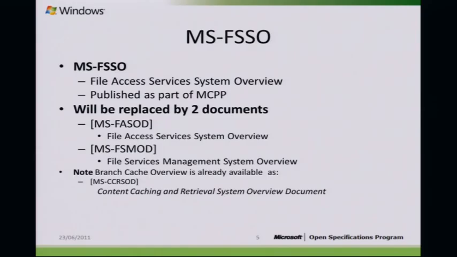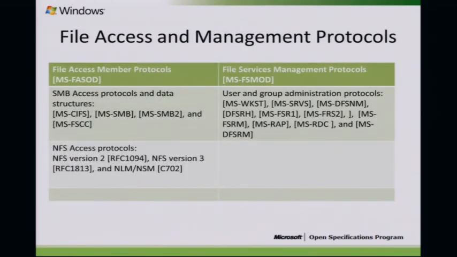Just to reiterate what we said before, the file access overview we're going to essentially freeze. Was there a question? Oh, sorry, Jeremy. In fact, some of that is already in FSSO.